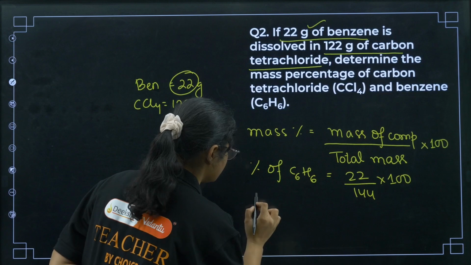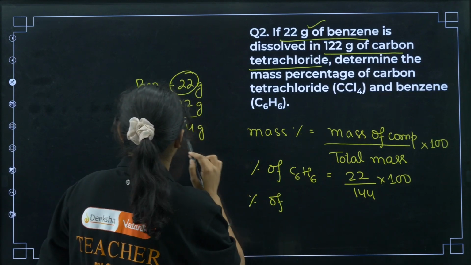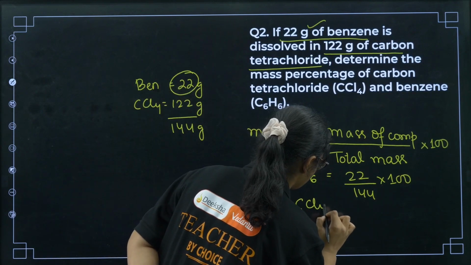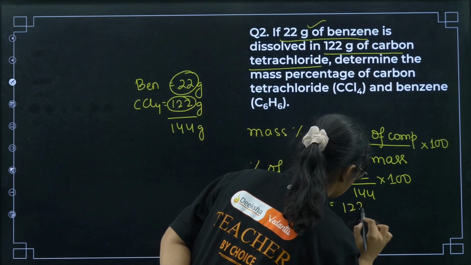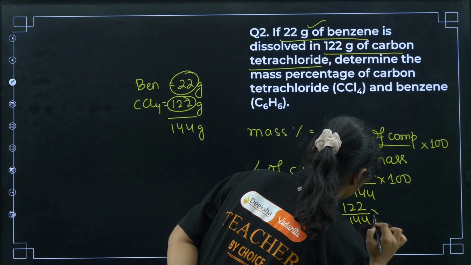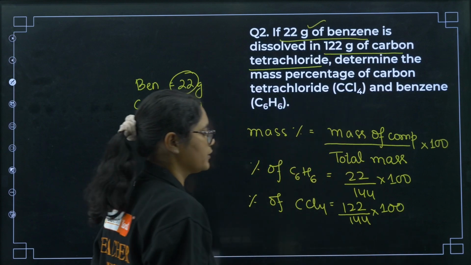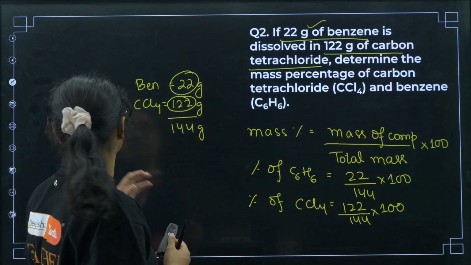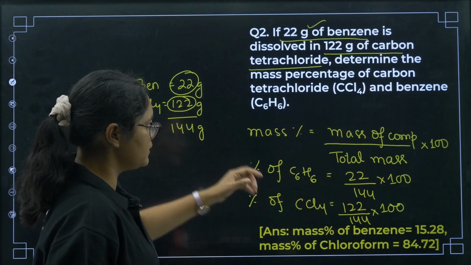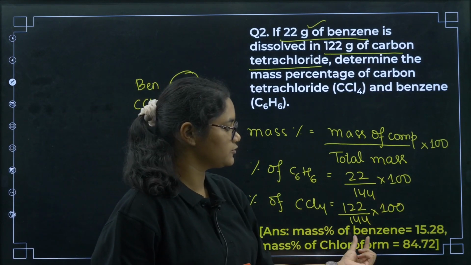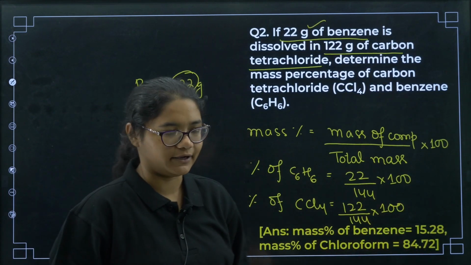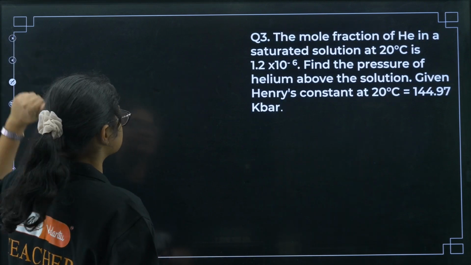Similarly for CCl4, the mass is 122, divided by the total mass into 100. The answer for mass percentage of benzene is 15.28 and of carbon tetrachloride is 84.72.